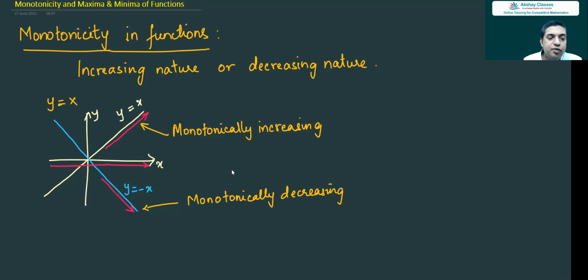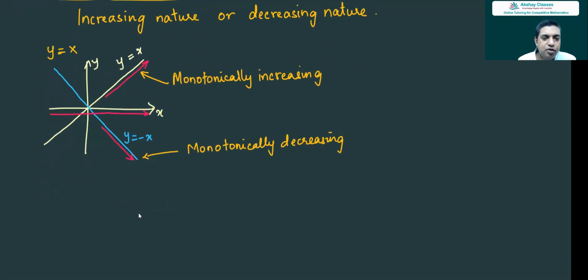It is not the other way. If you go from right to left, it shows other ways. But we are not doing that. We are going from left to right. Now, how do we define this monotonic nature? So what is an increasing function?